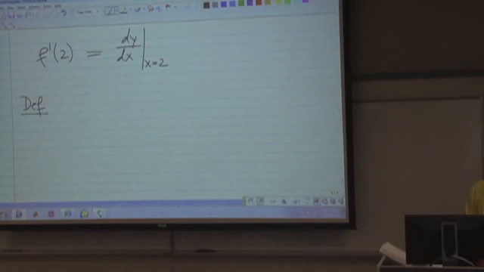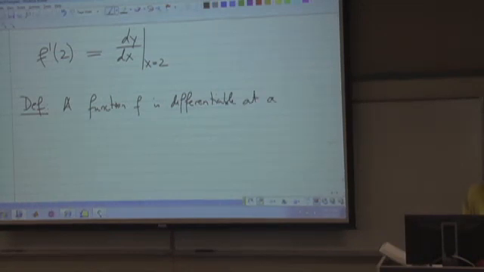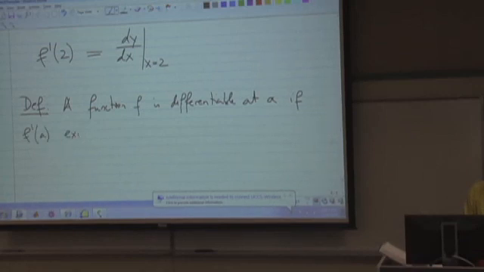So definition. A function f is differentiable at a number a if f prime of a exists. And so a function is differentiable means, does it have a derivative? That's plain and simple what it means. Okay?